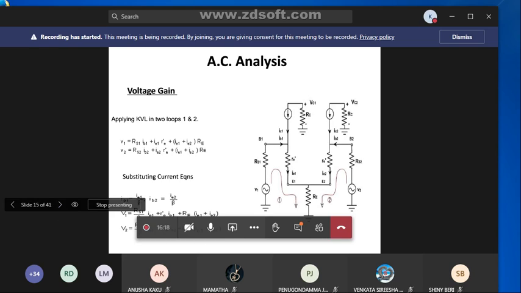So when it comes to AC analysis, here we need to calculate the differential gain, common mode gain, input resistance, and output resistance. So apply KVL to these two loops. It is the equivalent circuit of the differential amplifier. Apply KVL to the two input loops, then you will get these two equations.